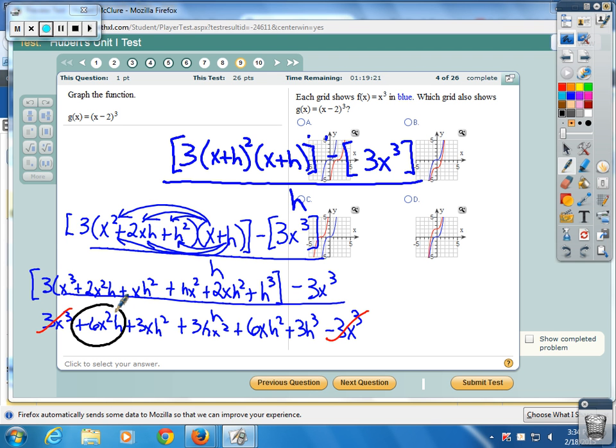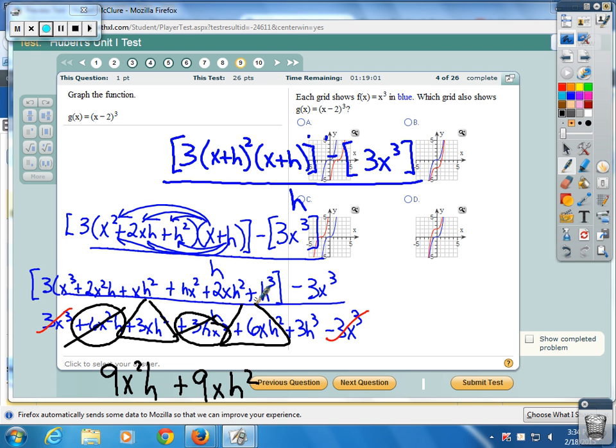So this one and this one is 9x squared h plus 9xh squared plus 3h cubed over h.